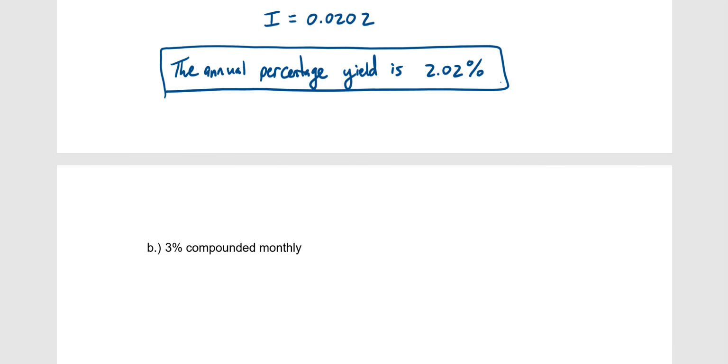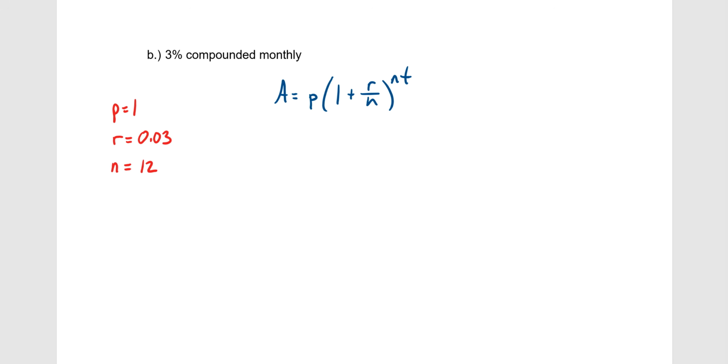Okay, now let's check out the other one, 3% compounded monthly. We write down our formula, and we write down our givens. The principal, we're doing it for $1. The interest rate here is 3%, so 0.03. Compounded monthly, that's 12 compounding periods. And T, 1 year, just like it said in the question. And we plug all these in.